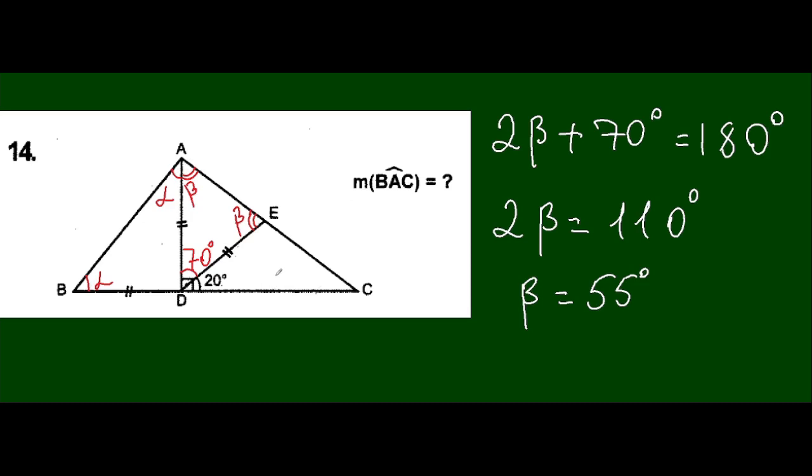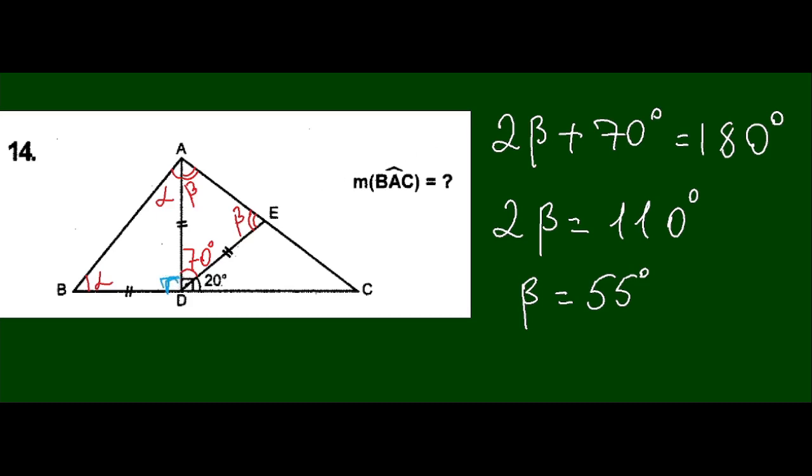So the next one is here, that we have to know that alpha plus alpha will equal this angle, as you can see here. So we know also that this angle is 90 degrees, and we know that alpha plus alpha will give us 90 degrees.